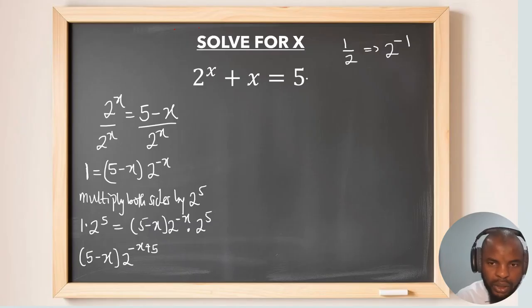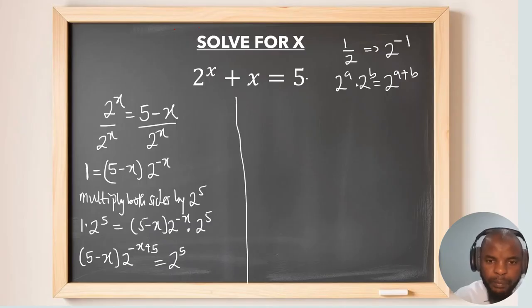This is the rule of indices. We call the rule of indices that says that 2 to the power of a times 2 to the power of b is the same thing as 2 to the power of a plus b. So this is going to be equal to 2 to the power of 5.